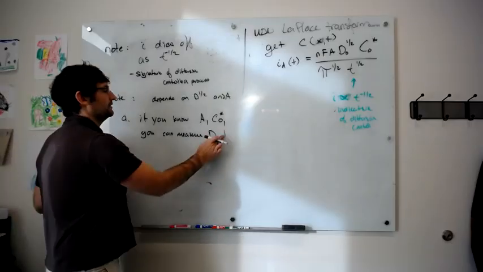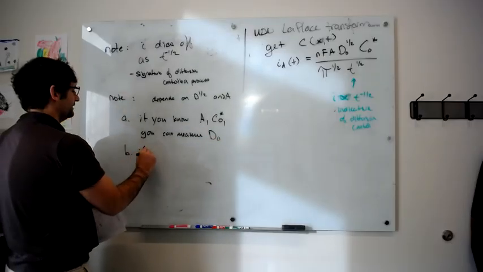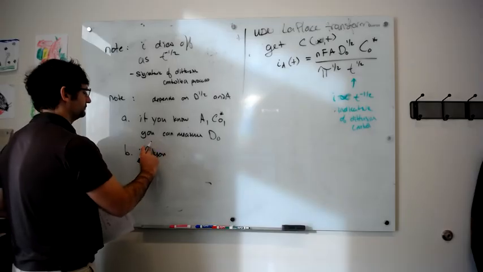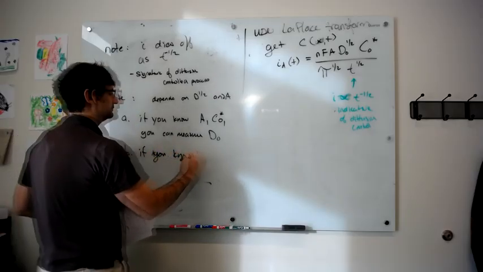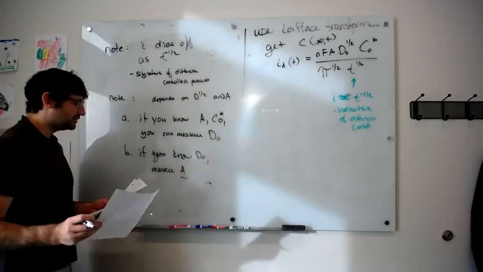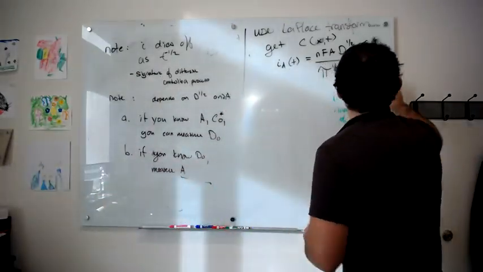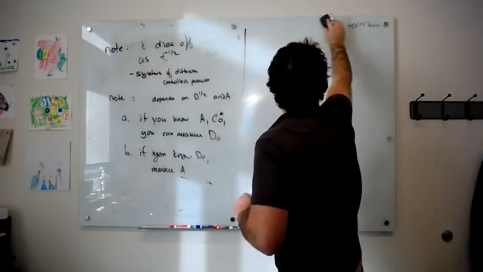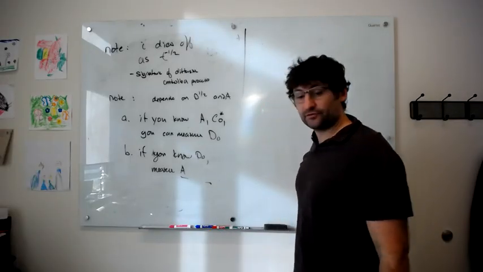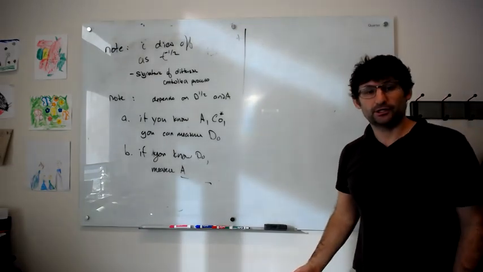You can measure the diffusion coefficient, or alternatively, if you know D, measure A. So why would measuring A be useful in this manner? Of course, you can always measure the electrode surface area simply by taking a picture of it, using a ruler, etc.